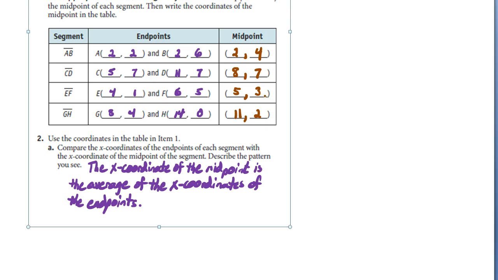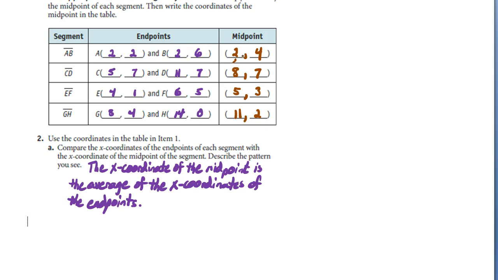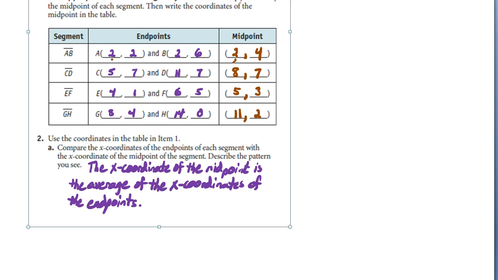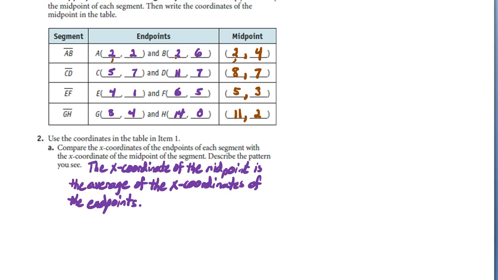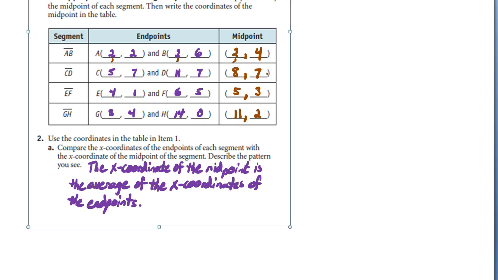Now, number 2, use the coordinates in the table, here's the table, and compare the x-coordinates of the endpoints with the x-coordinate of the midpoint of the segment. Describe the pattern we see. So in the first row of the table, the x-coordinate of the midpoint is 2. Look at the x-coordinates of the endpoints, 2 and 2. What's the pattern?